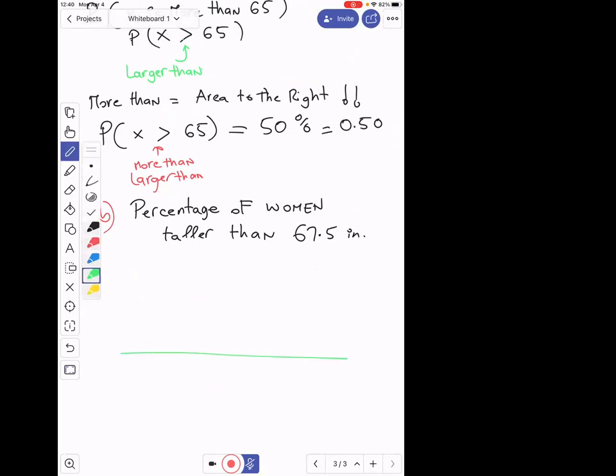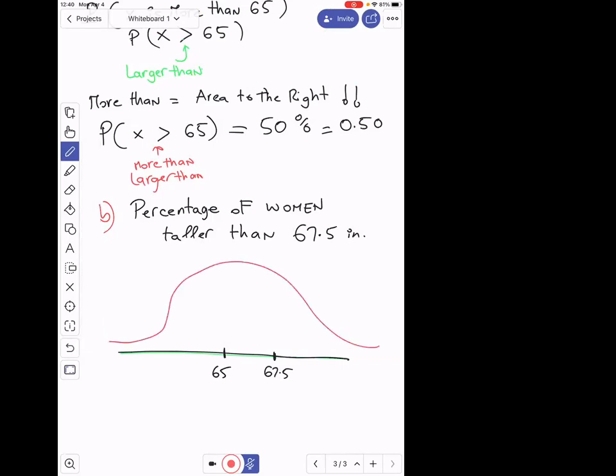That's because, let me graph my probability distribution again, because the other one is just a mess. So here's my 65, and here's my 67.5. This is my graph, and this is the mean. So from the mean to the right, that's 50%.